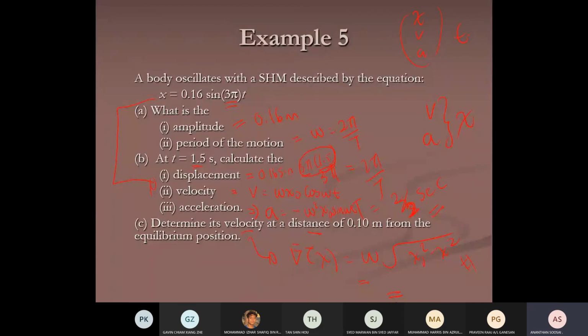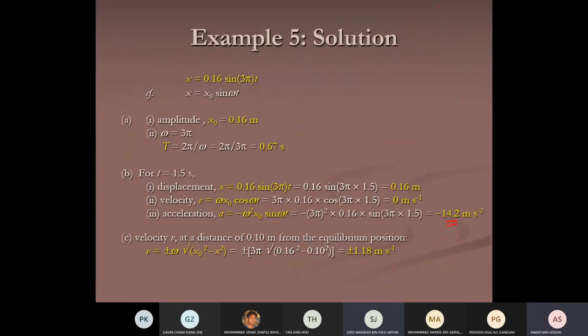So what's the answer you got? 1.18 meters per second. So 1.18, you must put plus minus. Okay, so those who got this answer, good.